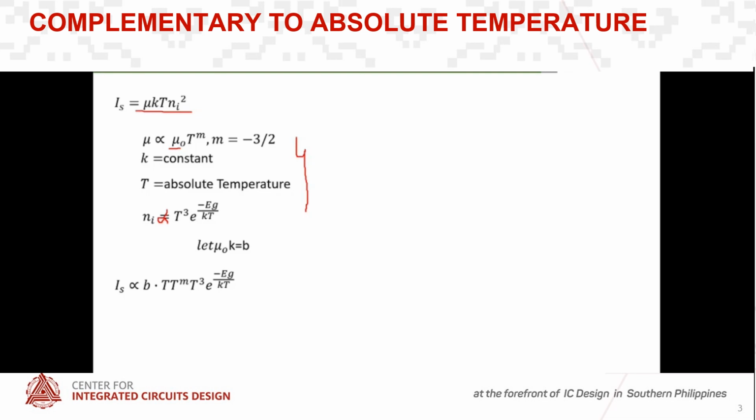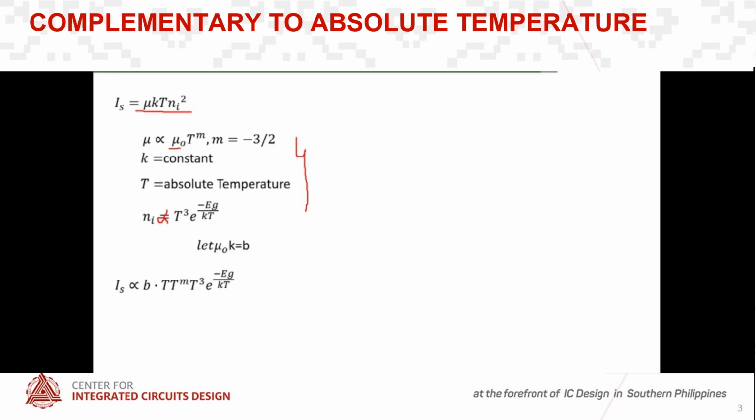Then we can write Is is proportional to b times T to the m, since mu is mu sub o times T to the m, then Ni is T cubed times e raised to the power of negative Eg over kT.